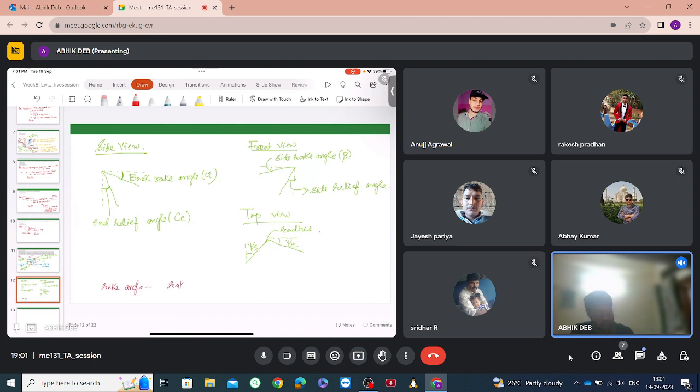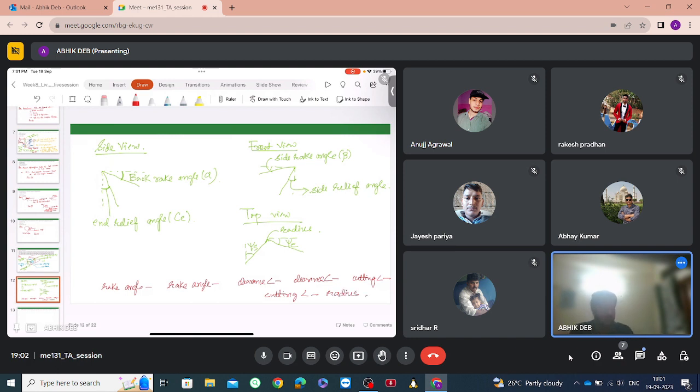We will write the end and the side later. Now the clearance angles, then the cutting angles, and then the radius.